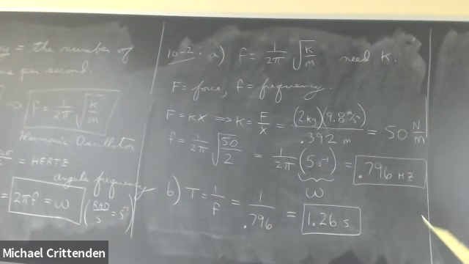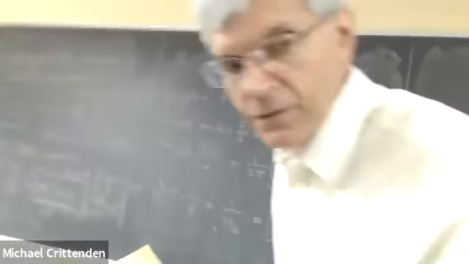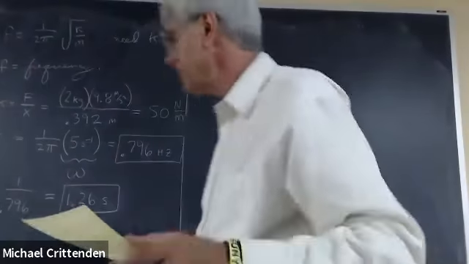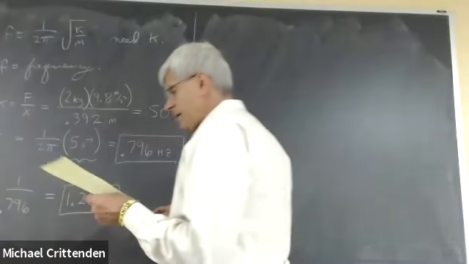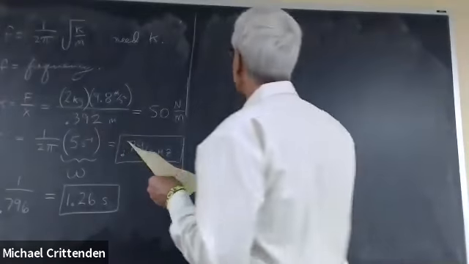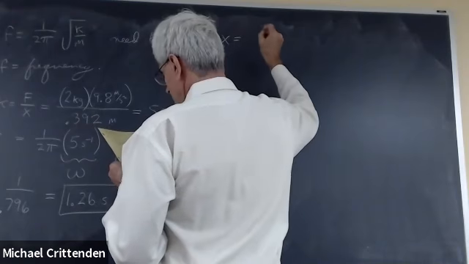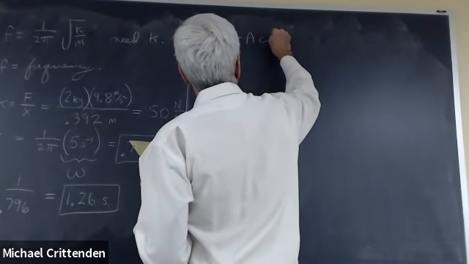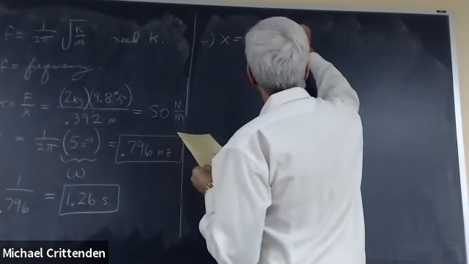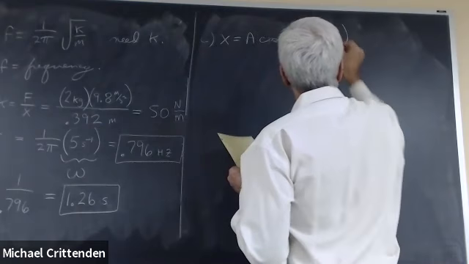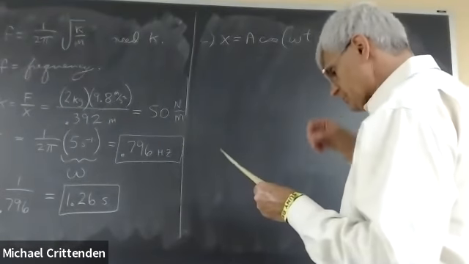So for this, you would go back in your notes a few pages or go to the formula sheet and get the function for x as a function of time. x is the displacement, and I showed earlier that x equals A cosine of omega t plus the phase angle.